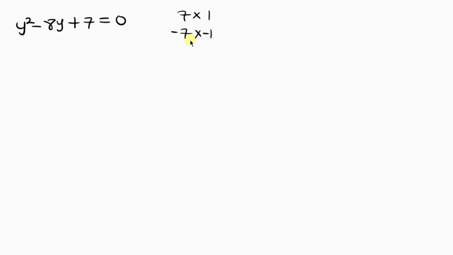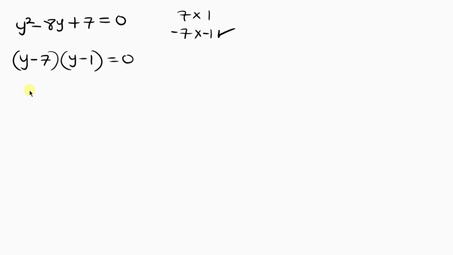Looking at this, I need negative 8. Whose addition will give me negative 8? You can notice that it is the second one. So this is a correct factor that we can use. So factorizing this quadratic equation, I'm going to be having y minus 7 times y minus 1. So this is a good factor equal to 0.